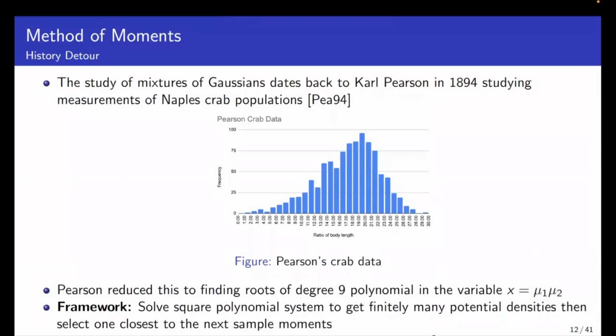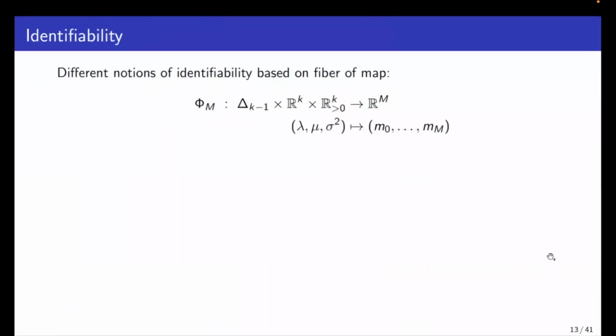So before we can get started on this framework, there are some details that need to be resolved. And I claim that these are all details that can be framed under the idea of identifiability. There are different notions of identifiability, but they can all be framed in terms of the fiber of the following map.